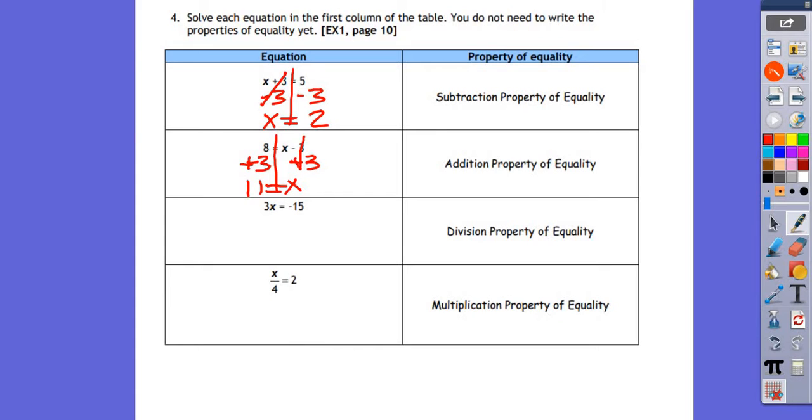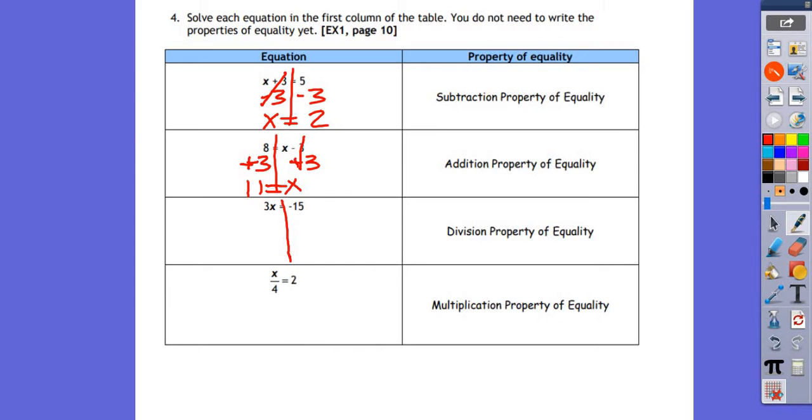Okay, next, is X married? Yes. Who's it married to? 3. Does X have any kids? No, it has no children. Is anything added or subtracted to the X?